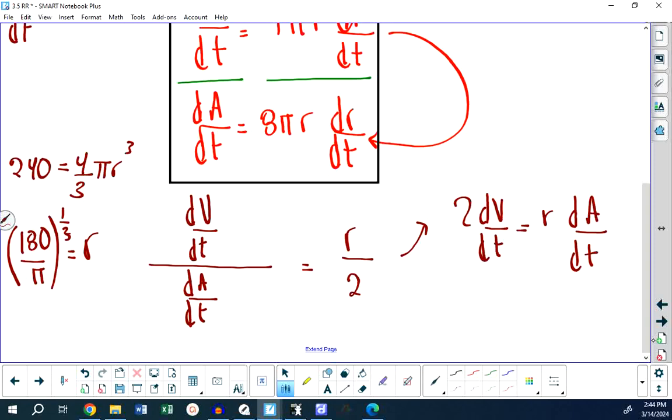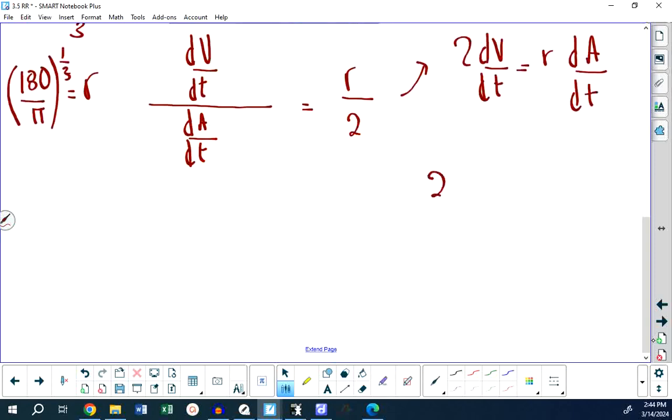Okay, what are we after, dA/dt? So just put the numbers in. 2, negative 24 was dV/dt. Is that the case? Equals r, cube root of 180 over cube root of pi, times dA/dt, and solve for dA/dt.